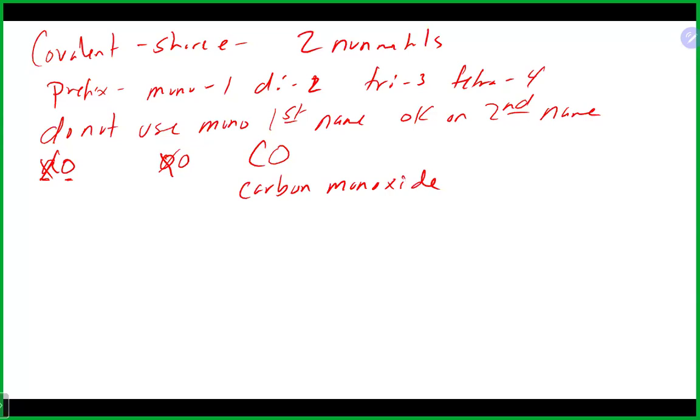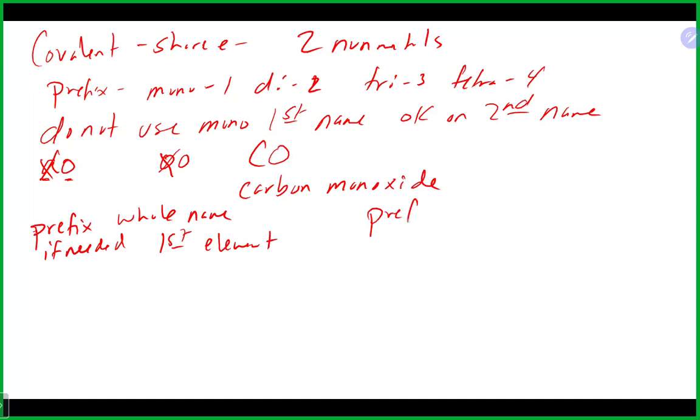And in terms of naming, we go pretty much prefix on the first name if needed. And then we do use the whole name of the first element. And then we go prefix on the second name. And the second name, pretty much like everything else, will get that IDE treatment at the end of it.